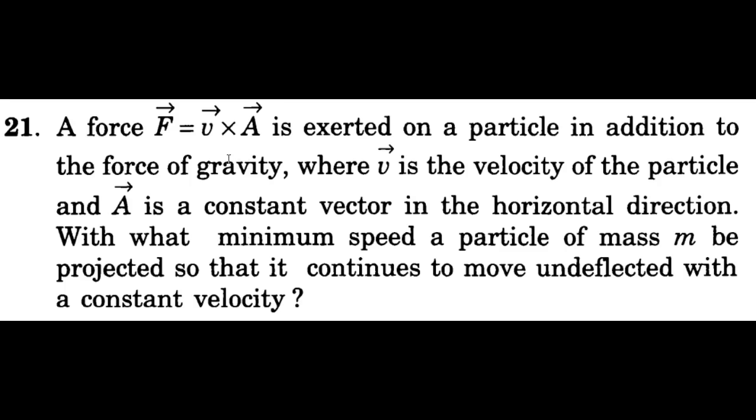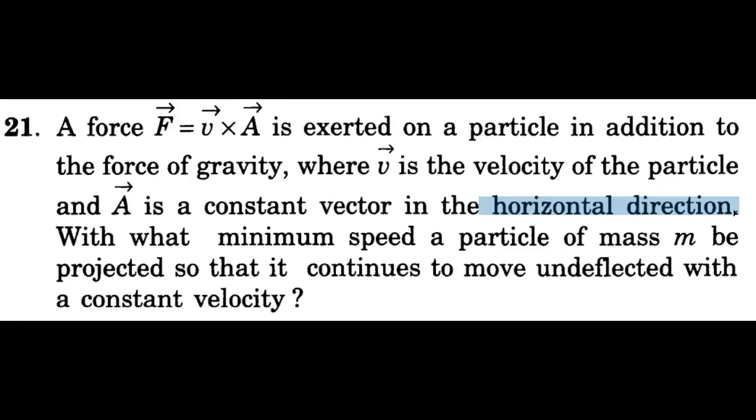Alright, so let's move on. You see, this is a question. A force F equal to V cross A is exerted on the particle in addition to the force of gravity. This means this is another force in addition to gravity. Gravity is different and this is different. Where V is the velocity of particle and A is a constant vector in the horizontal direction.